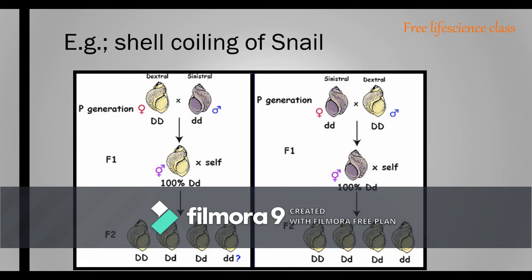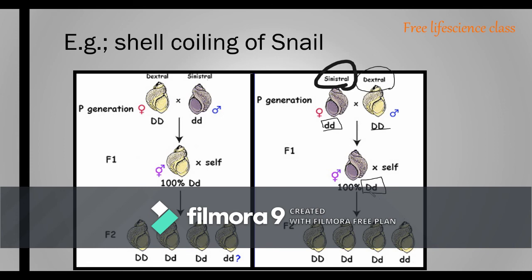Here you can see that the shell coiling of the mother, that is the female parent, is sinistral, and the male parent is dextral. So the genotype of the female is small d, small d, and the genotype of the male is capital D, capital D. When we cross this sinistral type with capital D, you will get an offspring with capital D, small d.